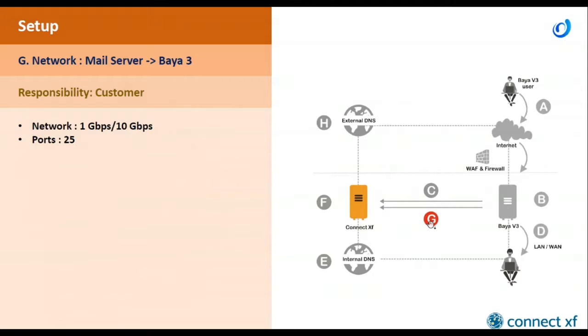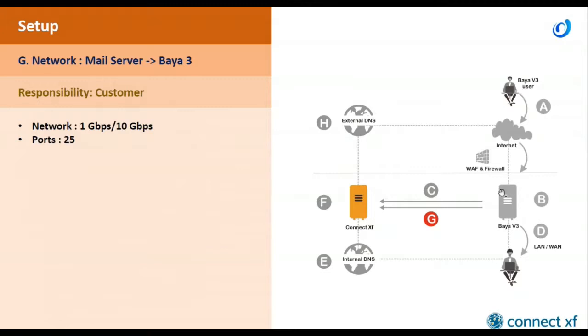Now the connection point G, where from BIA 3 to the mail server we will require port 25 and a network of 1 Gbps or 10 Gbps. Here this BIA 3 server is like an additional client connecting to the mail server.